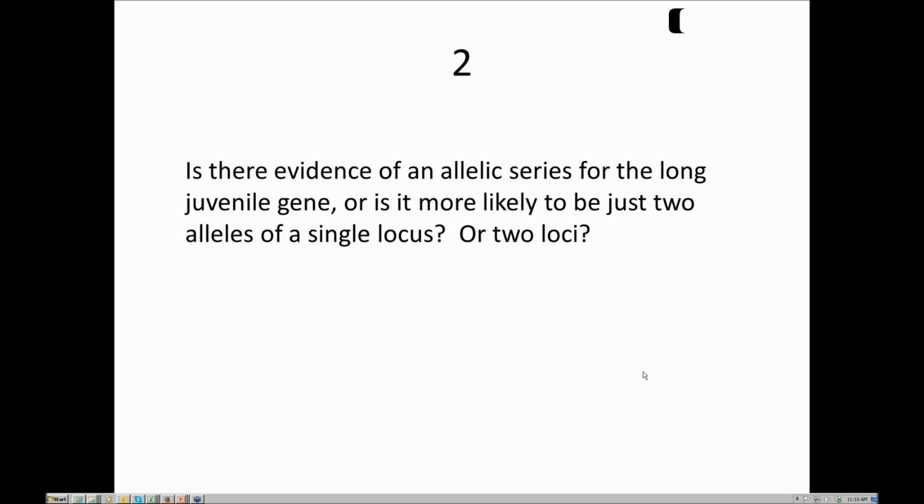What we do know is that long juvenile is successful in creating adaptation in tropical environments. Seems like it's fixed pretty much in the Brazilian materials now. It's possibly fixed in the African adapted materials. Obviously Australians.